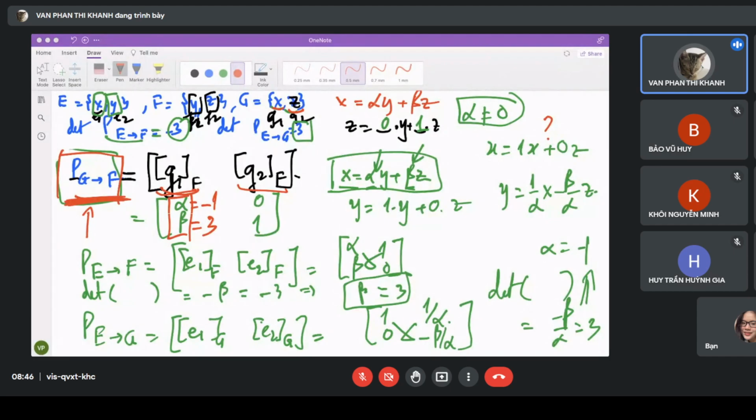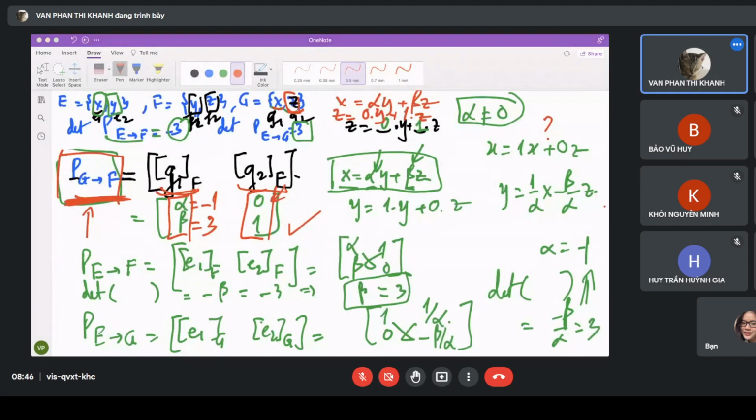Definition: coordinates of a vector with respect to a basis. It means that it's alpha times one vector plus beta times the other. Understand? Okay, next, G2. What is G2? G2 here is Z. We represent Z as a linear combination of Y and Z, and of course it's 0 Y plus 1 Z. That's why the coordinate vector here is 0 and 1.